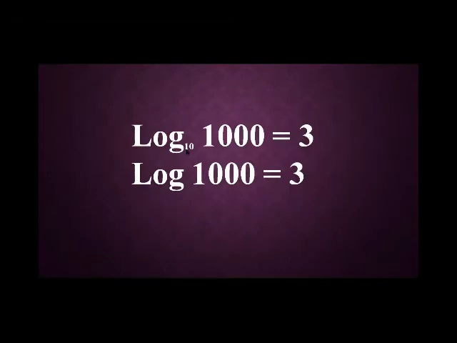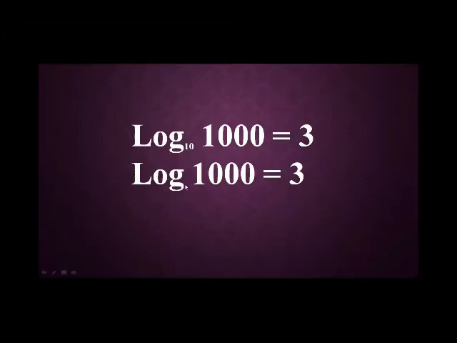Now here is another example. Both are the same thing. In the first example the base is mentioned, in the second example no base is mentioned. So log base 10 of 1000 is equal to 3, meaning when you multiply 10 three times, ten tens are 100, 100 tens are 1000.